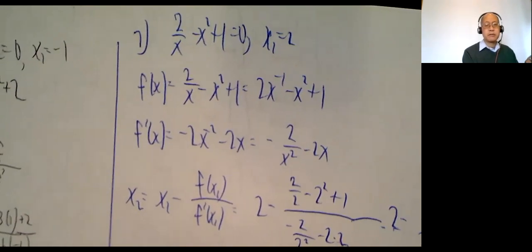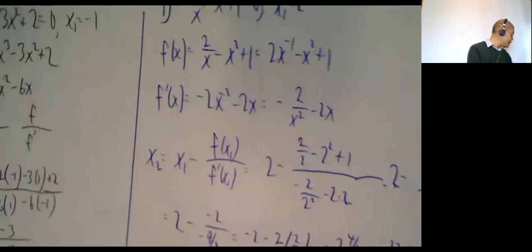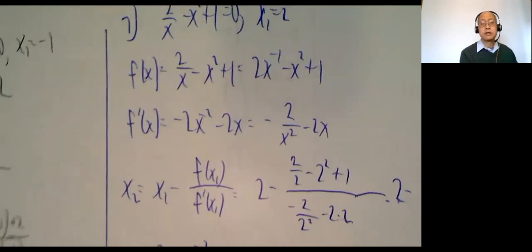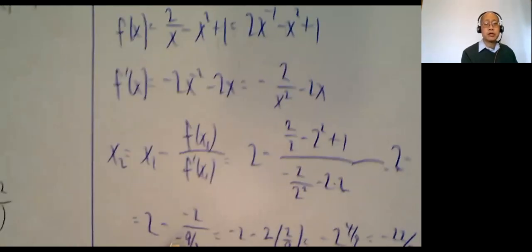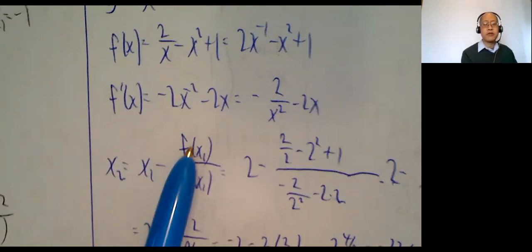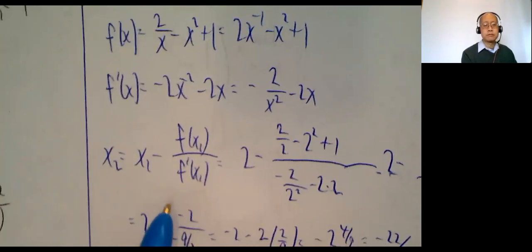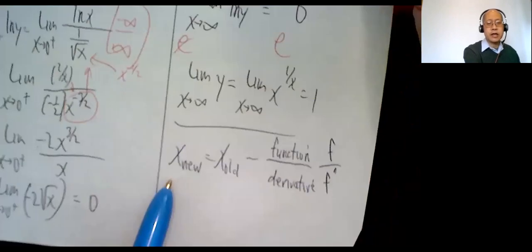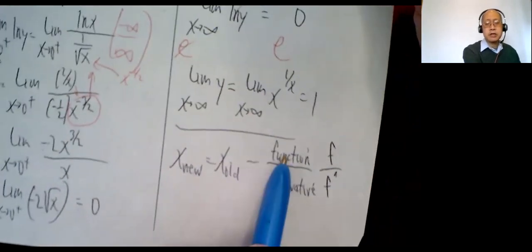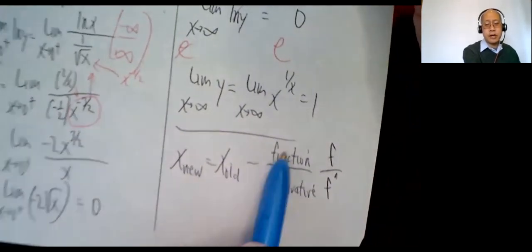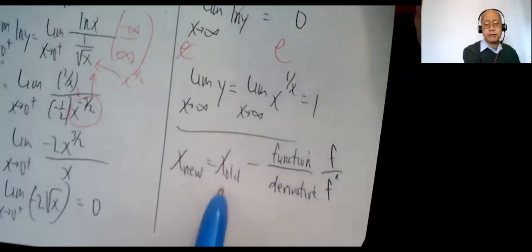They tell me to go out to x3 only, so that's probably all we want to do. So x2 is x1 minus function divided by derivative, which is the exact same thing as what I have: the new x is the old x minus the function at the old x divided by the derivative at the old x.